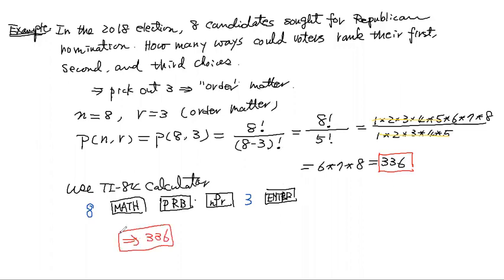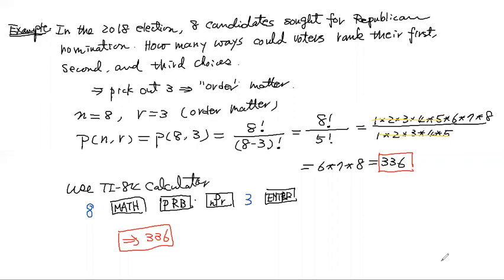Okay, so if you know how to use this, it will really help you simplify a lot of the calculations here. And so that's what the permutations are. Okay, so the next thing we're going to talk about is a special case of the permutations here, right?